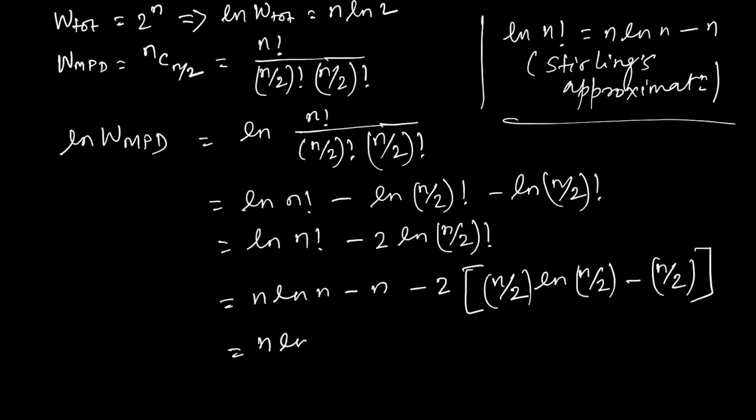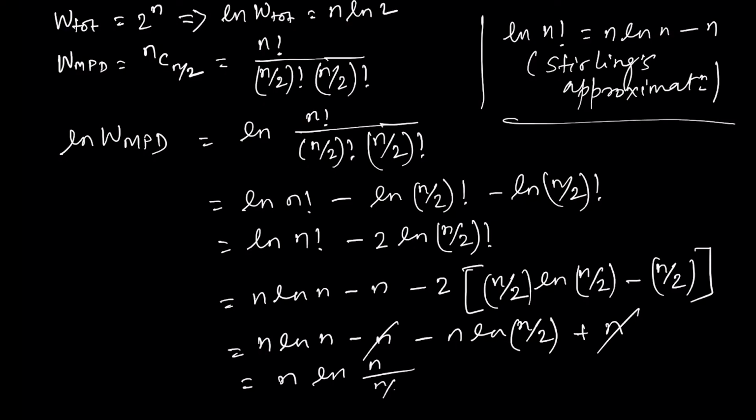So, n ln n minus n minus n ln (n by 2) plus n, the n's cancel each other, I take n common, I get ln of n by (n by 2), which gives me n ln 2. Isn't it the same as ln W tot?